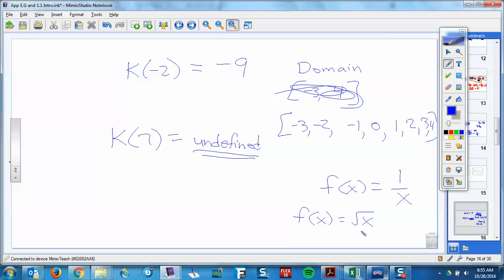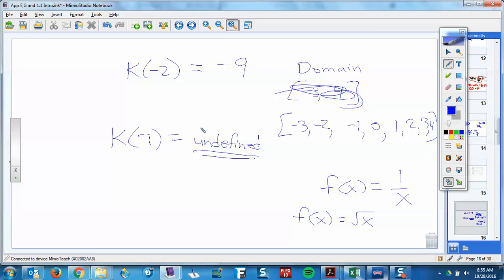And so if we put in a negative 3 there, it'd be undefined, because there is no. So, but what does undefined really mean? What undefined means is this function does not have an output value for that input value, right? That's what undefined means. So in this problem, k of 7, this function does not have an output value for an input value of 7. It's undefined, right?